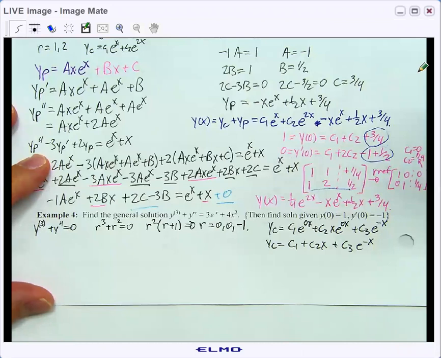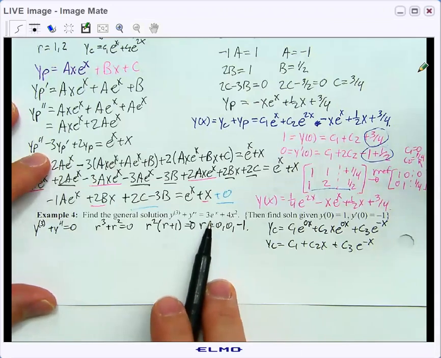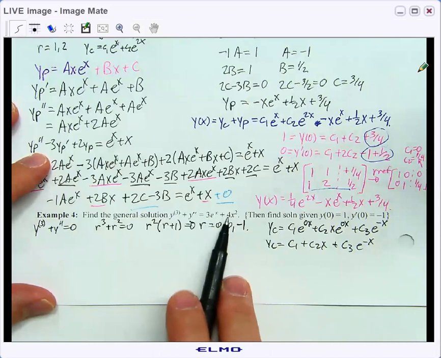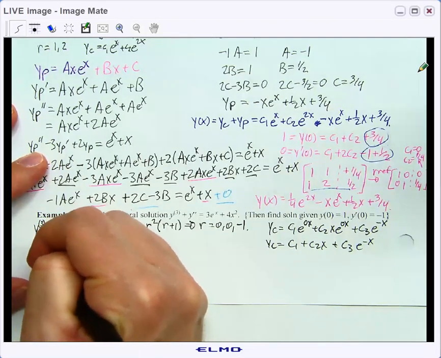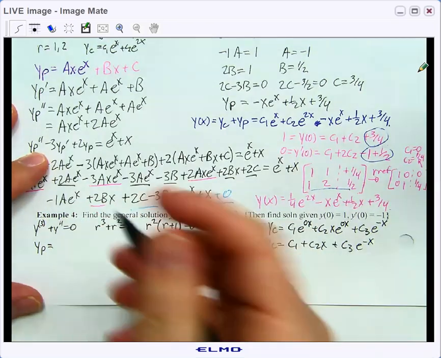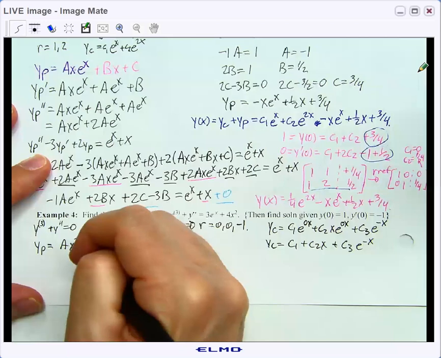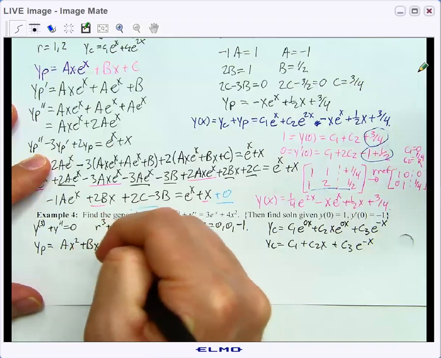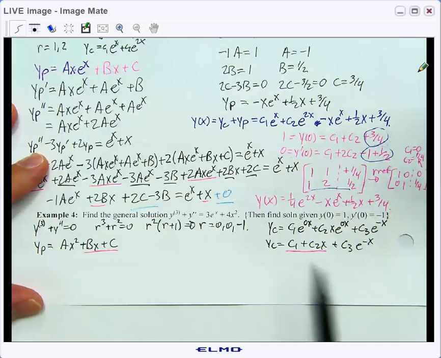However, if we look at the non-homogeneous part, we notice duplication, so we have 4x². If we were to put that in as our particular solution, so y_p = ax² + bx + c, with its derivatives, we notice that we have some major duplication with the homogeneous solution, the complementary solution.